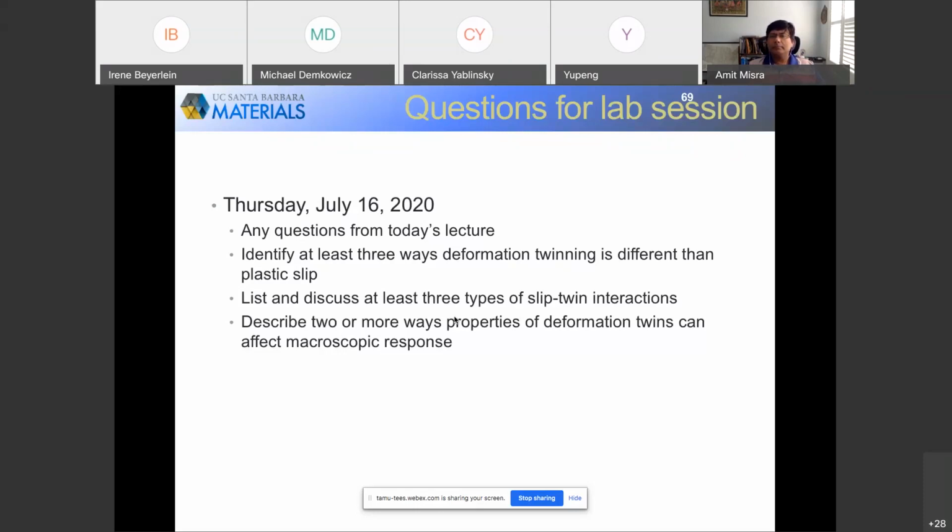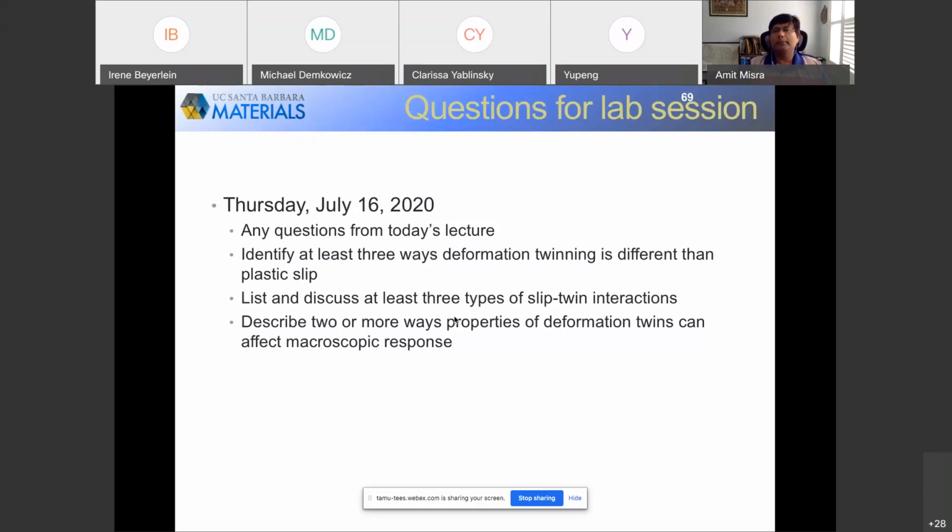This is an idea that comes about because slip is thermally activated, and in order for a dislocation to move, it moves by thermal activation. For twins, this type of idea doesn't apply.